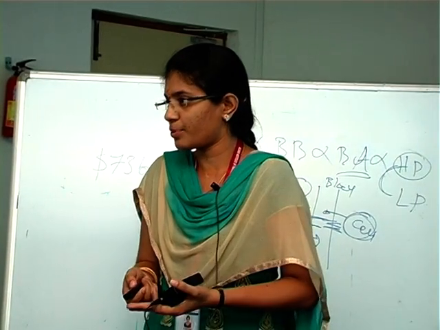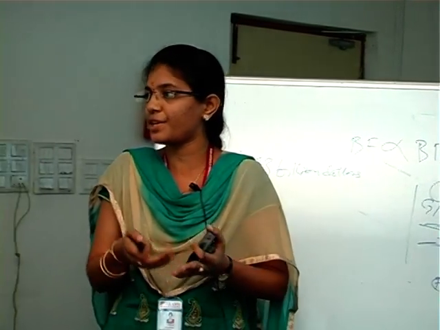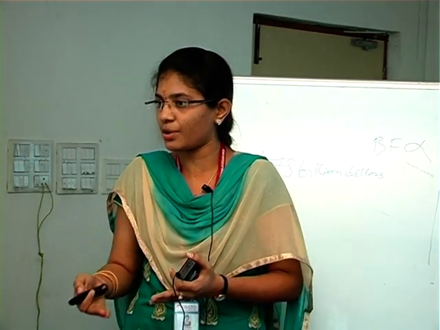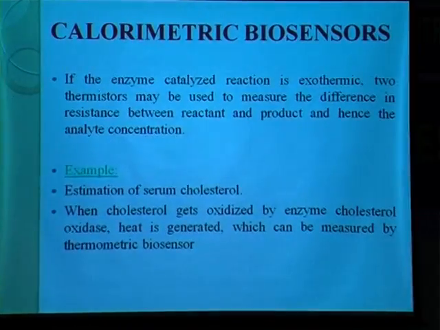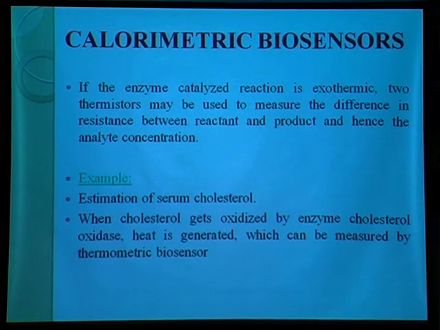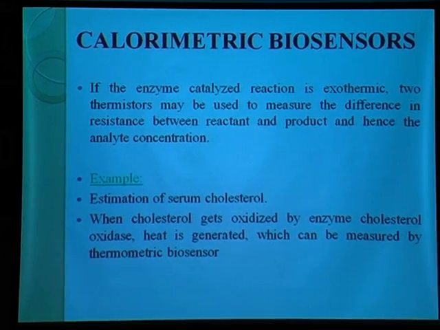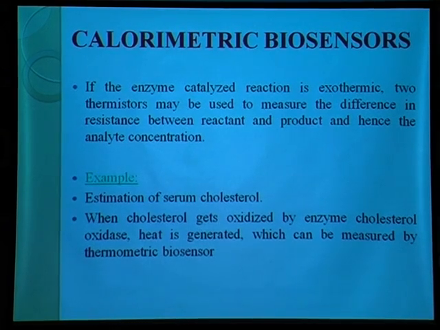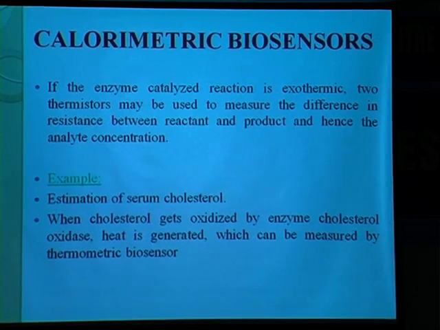That heat depends on the concentration of the substance which we are going to detect. For example, estimation of serum cholesterol. When cholesterol gets oxidized with cholesterol oxidase, heat is generated, which is measured by this calorimetric biosensor, and it is proportional to the concentration of the substance.